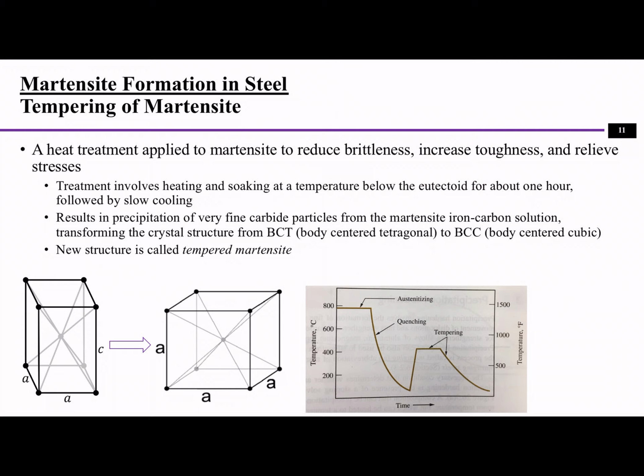And so usually after the two steps, we also have a tempering process. The tempering process is to reduce the brittleness and also increase the toughness.